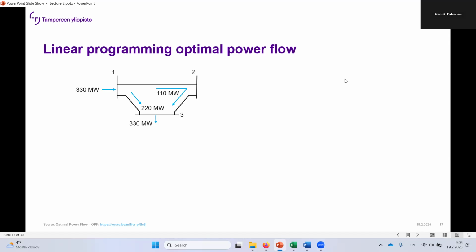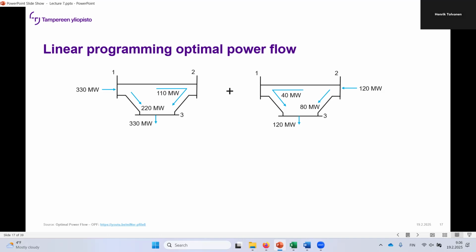So another solution is that we reduce the generator A input and increase the generator B input. And now, if we have 330 megawatts, then you can also divide it based on this reactance and the line lengths, and you get 110 and 220.